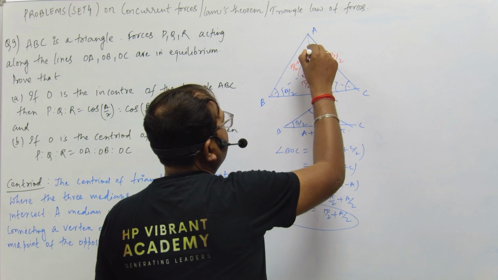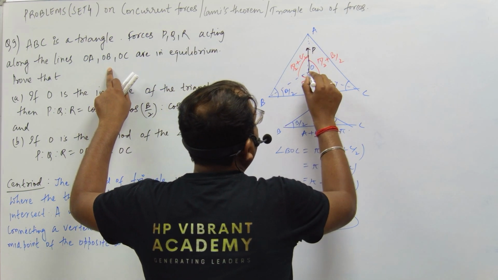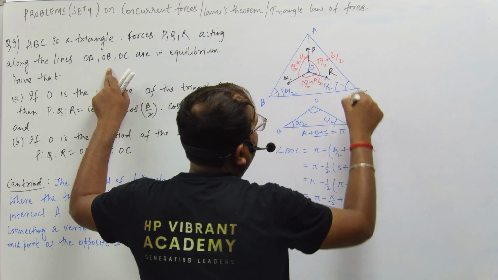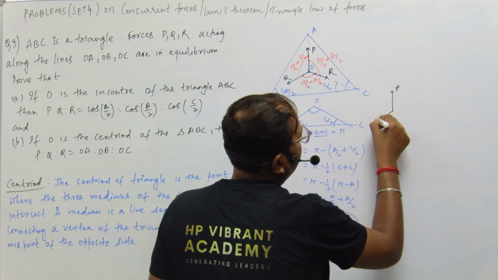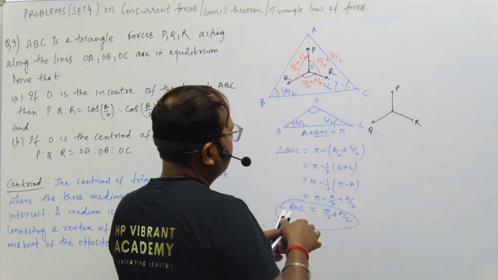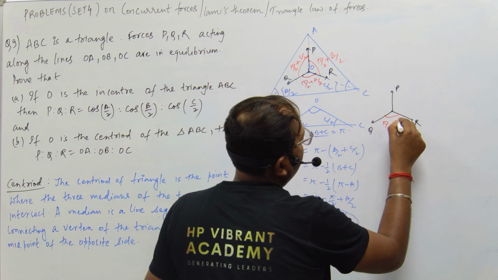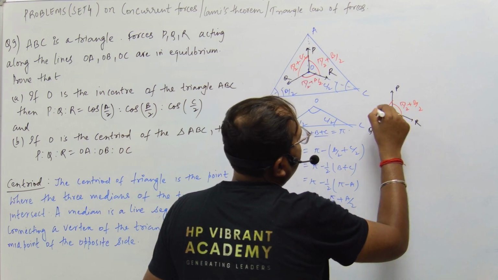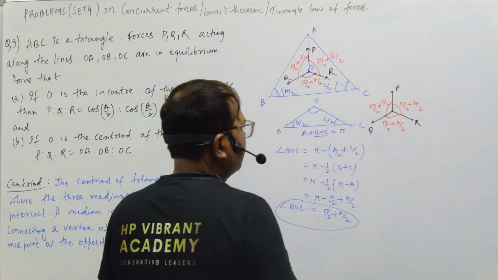Along OA we have P, along OB we have Q, and along OC we have R. Let us write down the angles: this is pi/2 plus A/2, this is pi/2 plus B/2, and this is pi/2 plus C/2. So let us apply Lami's theorem.